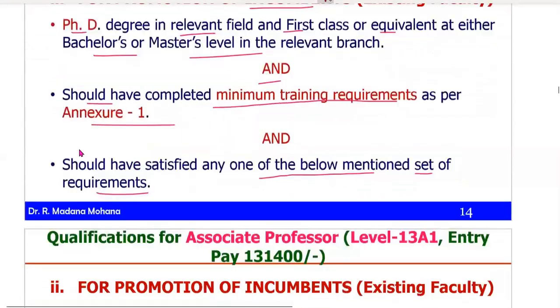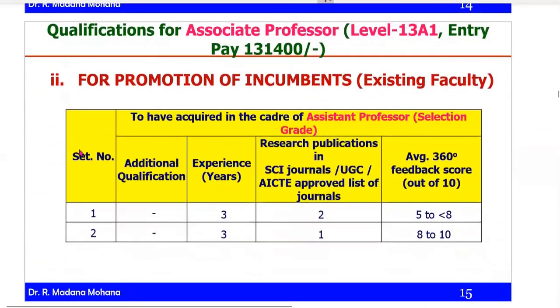So here some requirements are mentioned. Here 2 sets of requirements are mentioned. Set 1, so total experience 3 years. See, the experience is at assistant professor selection grade level. Assistant professor selection grade level, the experience is 3 years.